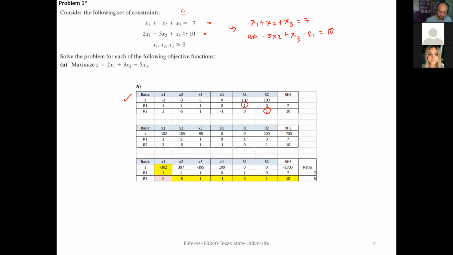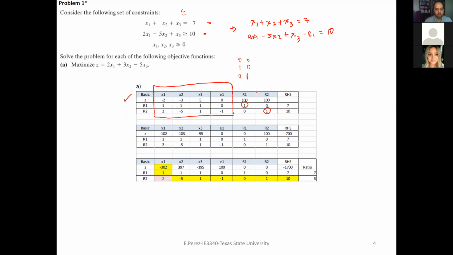And then when you set up the first tableau for the problem, your first tableau will be up to here. What happened with that initial tableau is that if you try to find a set of basic variables to implement the simplex method, you will see that you don't have two variables with columns that are zeros and ones, right?